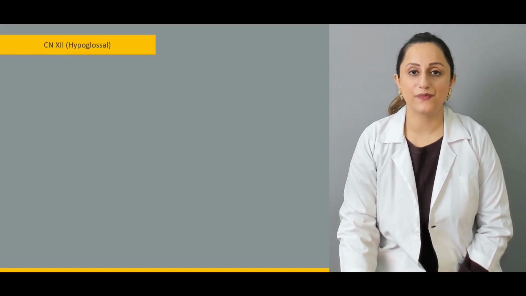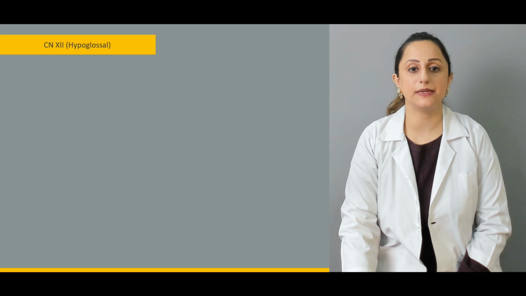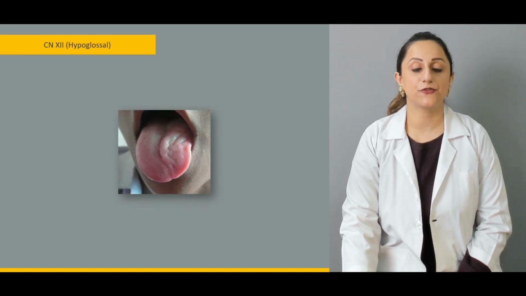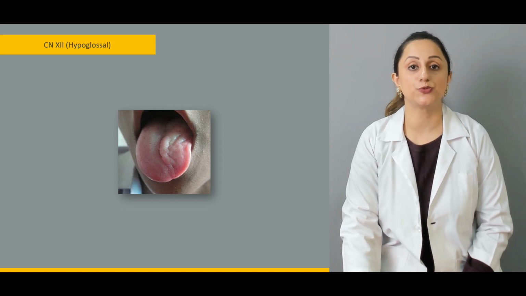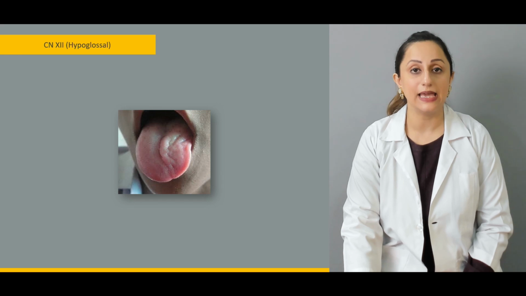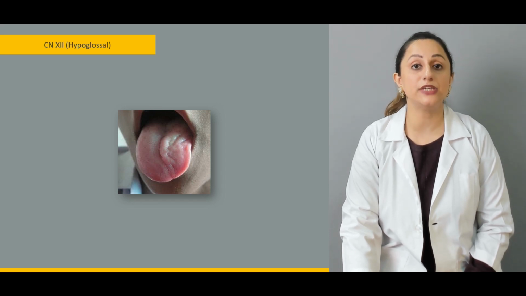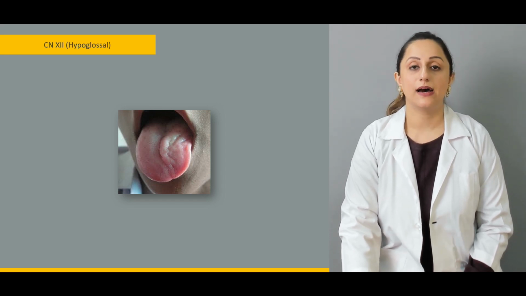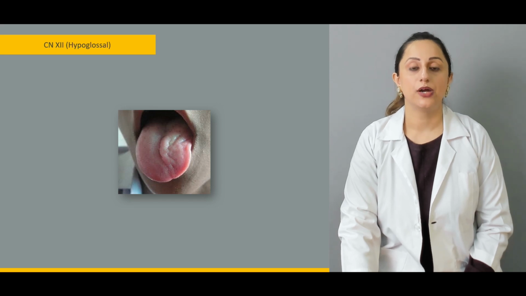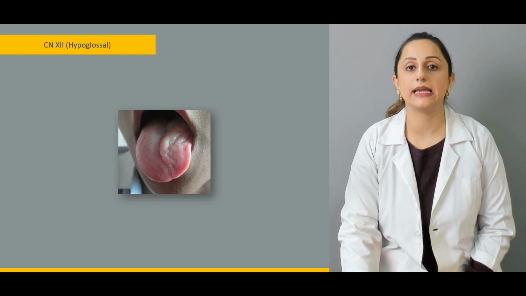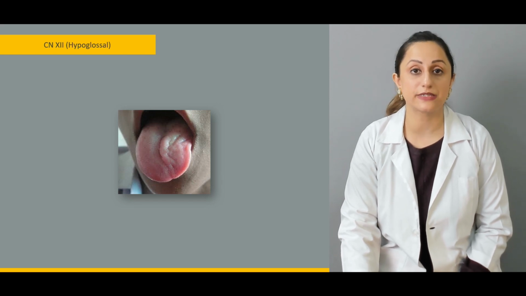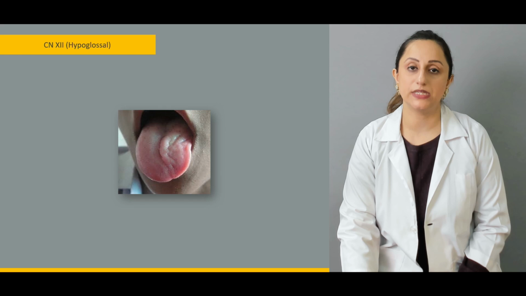Then finally, we have the 12th cranial nerve, that is the hypoglossal nerve. And how do you check for it? You look for the symmetry of the tongue. You ask the patient to protrude the tongue, and any asymmetry or deviation, if it is noted, is going to relate to pathologies of the 12th cranial nerve, the hypoglossal nerve, the major nerve supplying the muscles of the tongue.